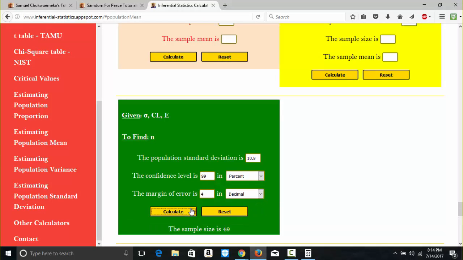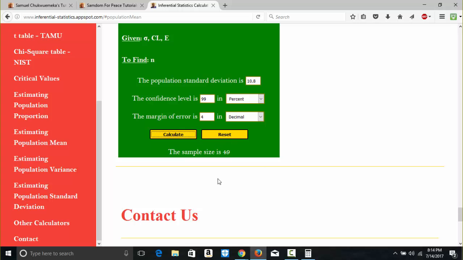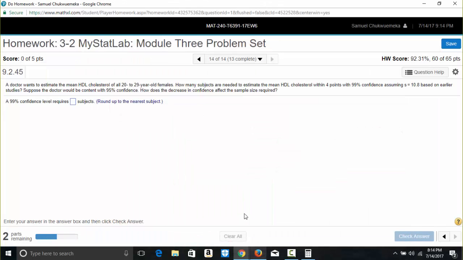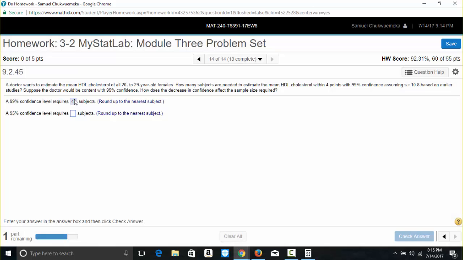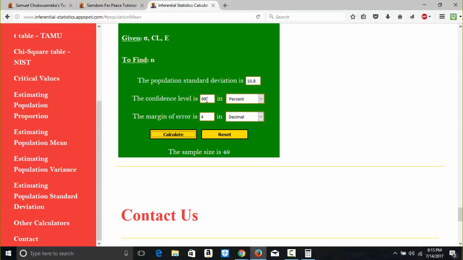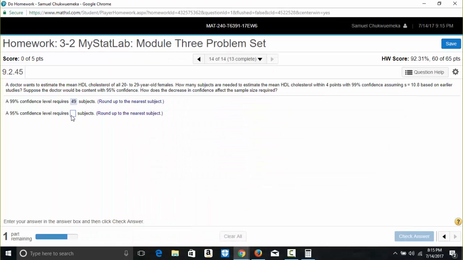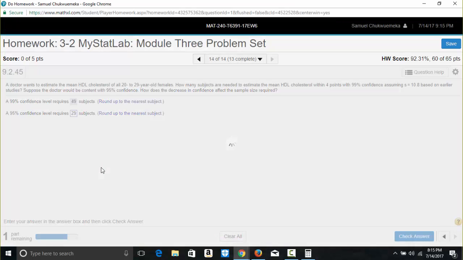Calculate. With 99% confidence, the sample size required will be 49 subjects. Then for 95% confidence, just change this to 95. Calculate. It will be 29, a smaller sample size.